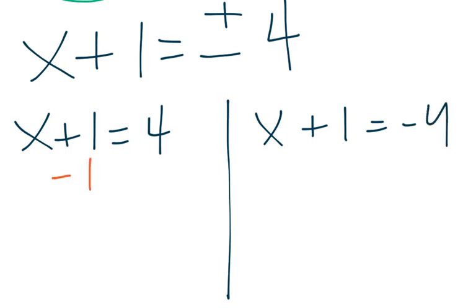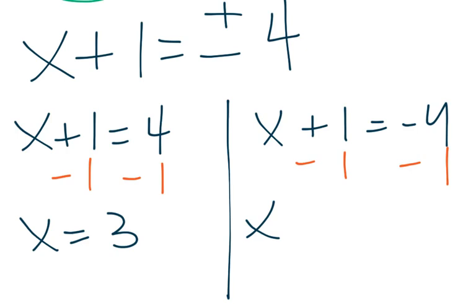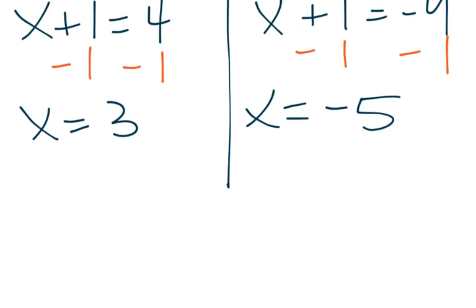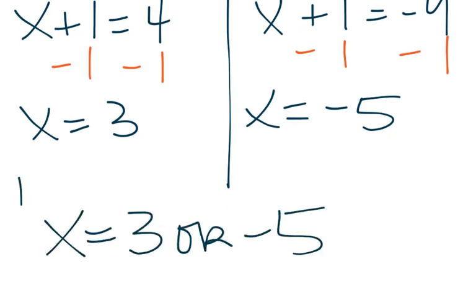On the left side, we're going to subtract 1 from both sides, so x equals 3. And on the right side, we are also subtracting 1 from both sides, but instead of 4 minus 1, we have negative 4 minus 1, which is negative 5. So x equals 3 or negative 5, and this is our answer.